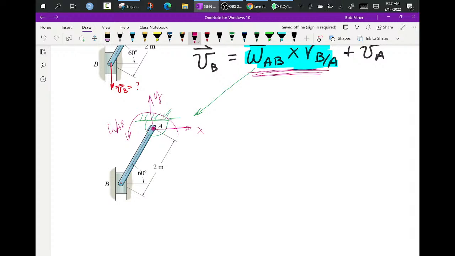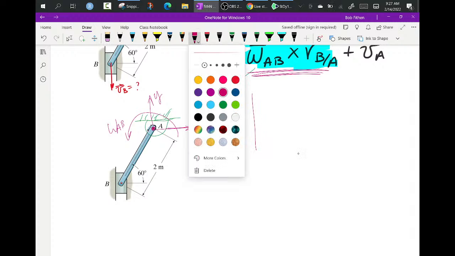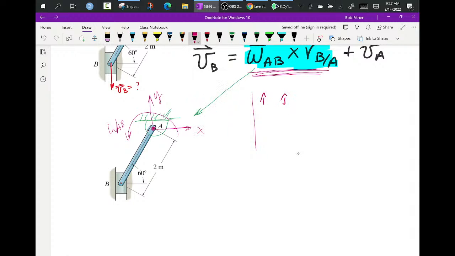I'm not sure of that. So as I'm rotating, I kind of look at B and it looks like it's rotating about A. So what I'm going to do is put my I, my J, and my K, 0, 0. I don't know what it is, so I'm going to just put it there. Now, what is R B/A? That is a vector that goes like so.